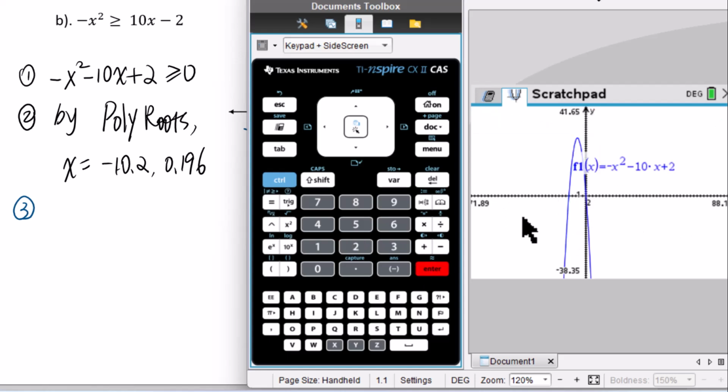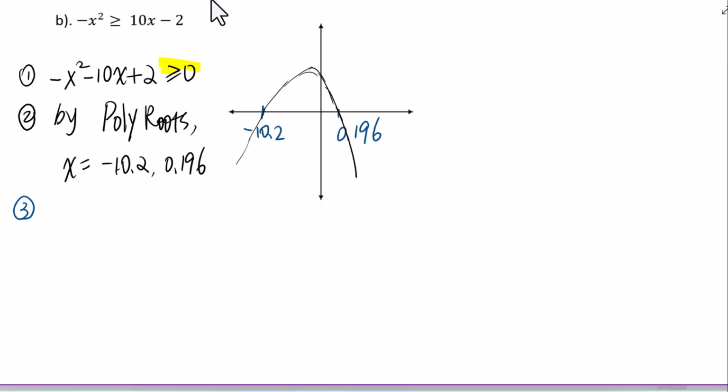So the graph of this quadratic function opens down. Greater than or equal to 0 means above the x-axis. So this part of the graph is the solution. Equal sign means a closed circle.